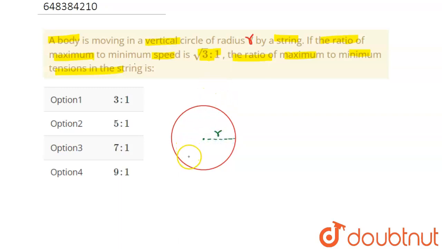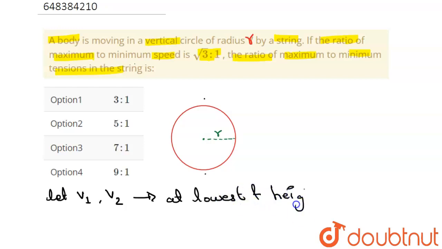Okay, and now let's define some quantities like the velocities at the lowest and the highest point. So let v1 and v2 be the velocities at the lowest, that is here, and the highest, that is here, points.